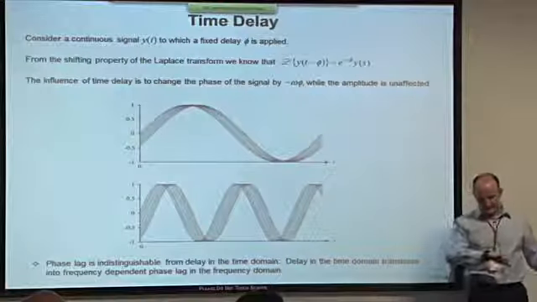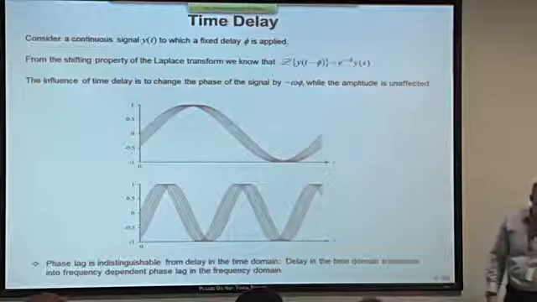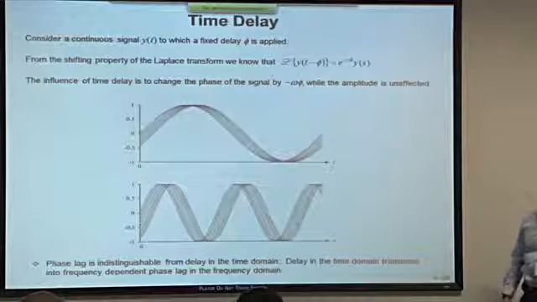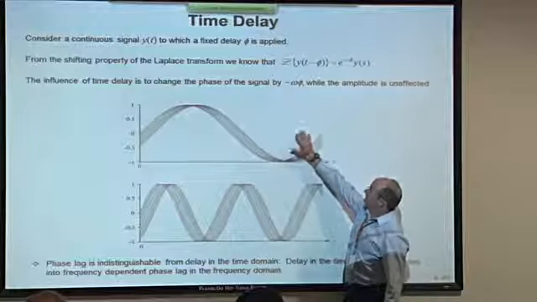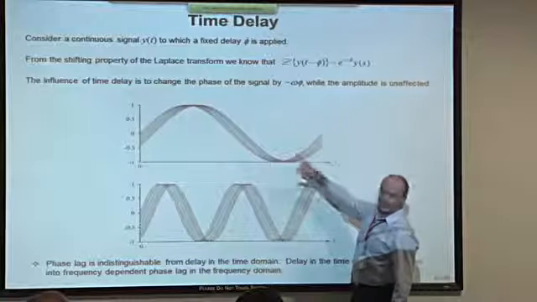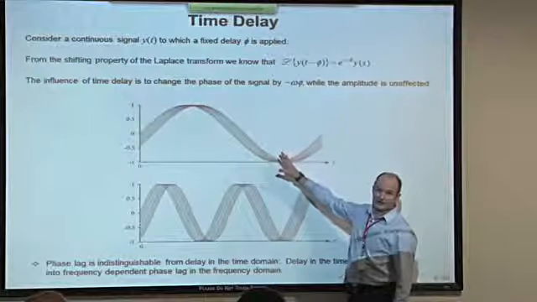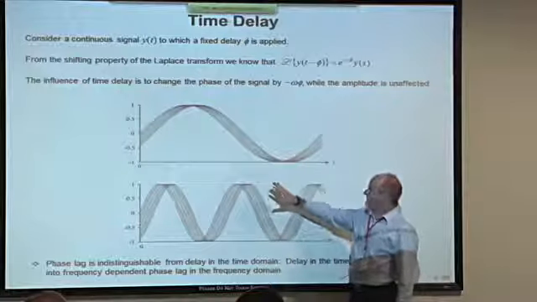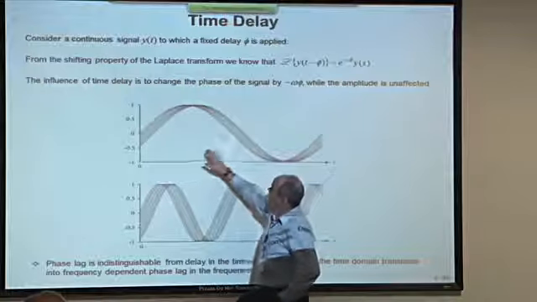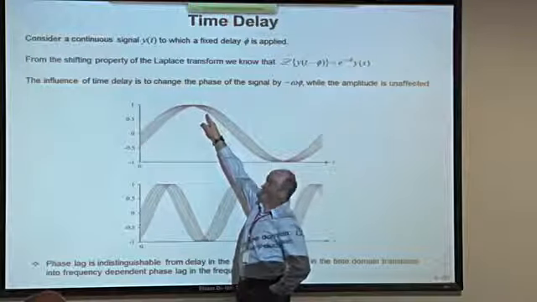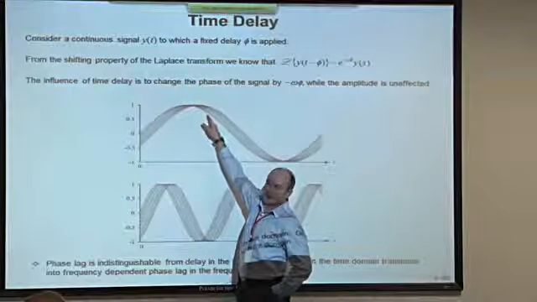Now, there's a long story behind this slide, but if you're interested, come and see me, but I won't bore you with it. This is the slide that I've tried to put together to illustrate visually the effects of time delay in the frequency domain. Here I have a sine wave of fixed frequency, relatively low, to which small increments of delay have been applied.